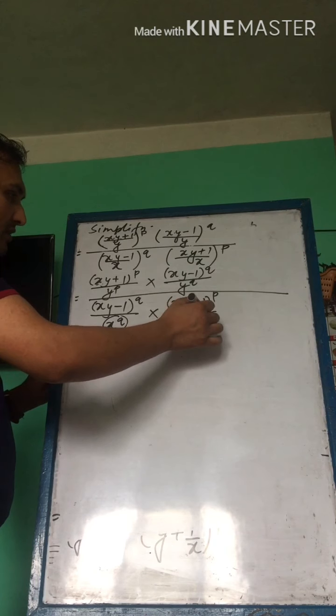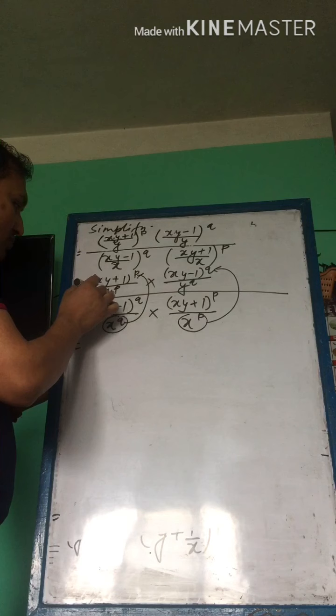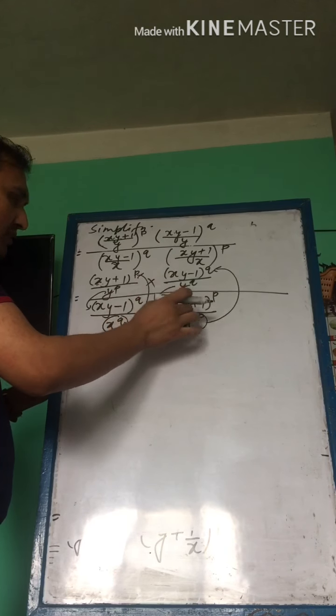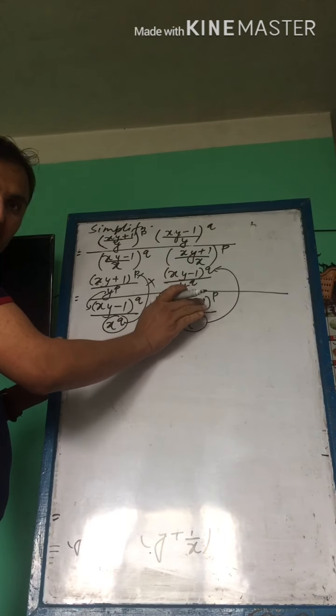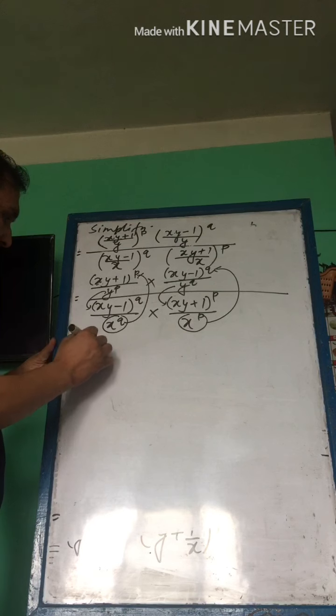It will go in which part? In the numerator part. It will be multiplied with the numerator part, and this will come down and will be multiplied with the numerator of the lower fraction. Now what will that be? Let me tell you.